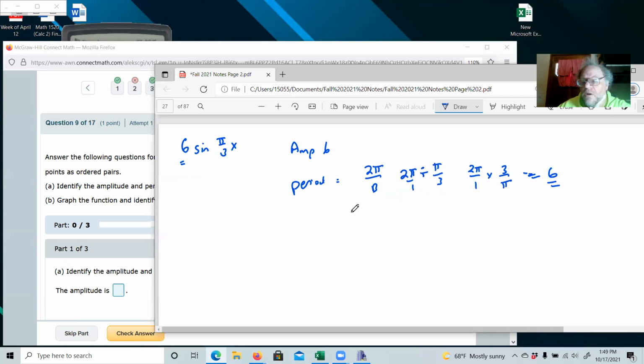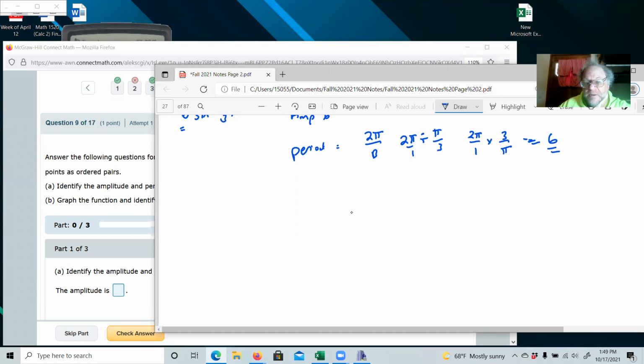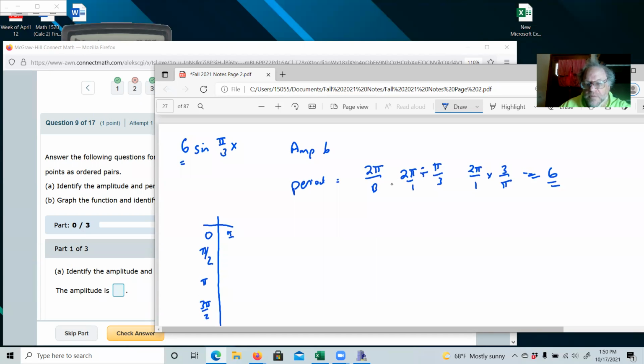What if you were anticipating having to graph this? You say, I'm going to need some points here. Let's write down our original points as 0, pi over 2, pi, 3 pi over 2, and 2 pi. So we have pi over 3 x equals 0.